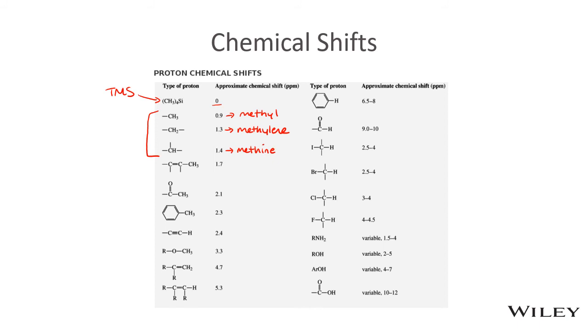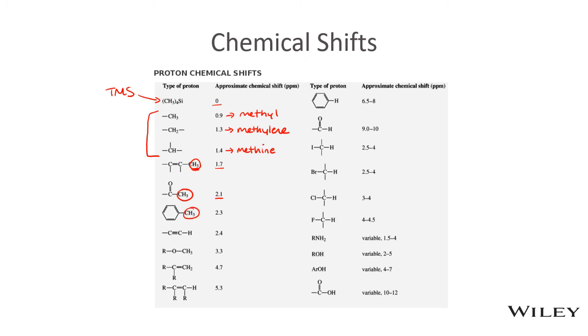Now, all of these other chemical shifts are just showing different types of hydrogens in different scenarios. So for instance, if you have a methyl group, and we're focusing on these hydrogens in this methyl group here, directly connected to a C double bond C, we're going to see an increase in the chemical shift from around 0.9 to 1.7. If we have a methyl group right next to a carbonyl, just as we saw on the previous slide, we would see an increase in the chemical shift to about 2.1.